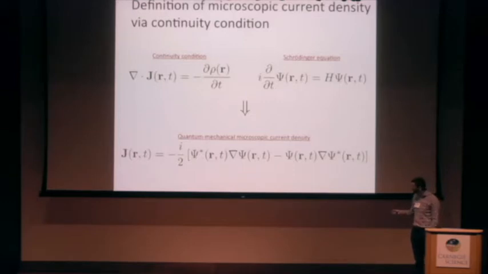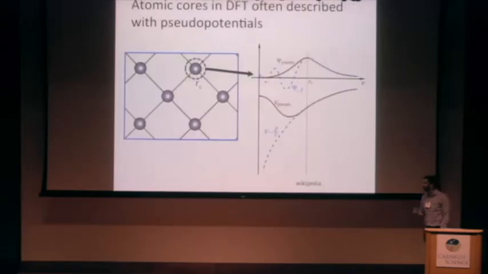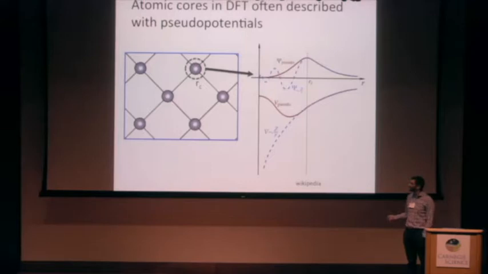However, it turns out that in the context of density functional theory, this current density is problematic for our purposes. The reason is the way that we describe the core electrons in a density functional theory calculation. To make our calculations computationally tractable, within a cutoff radius, RC, around the atomic nuclei, we treat the wave functions and potential as smoothed versions of the full all-electron wave functions and potentials, so-called pseudopotentials.